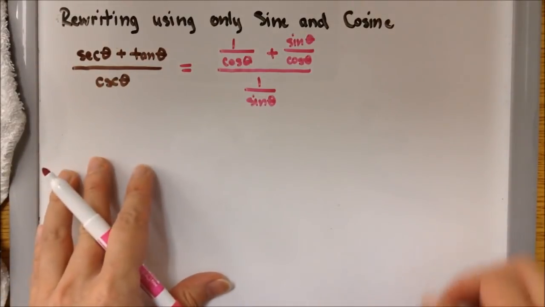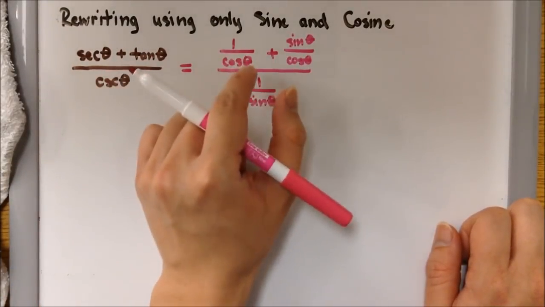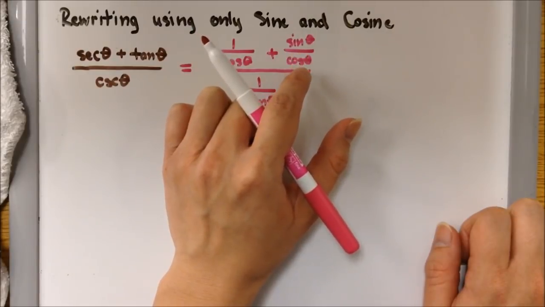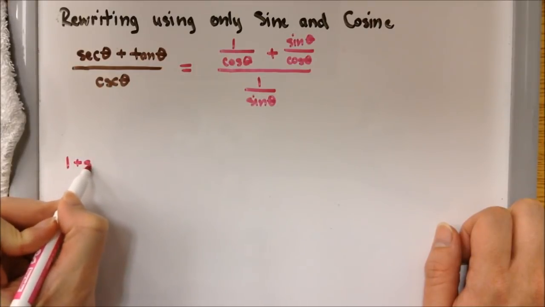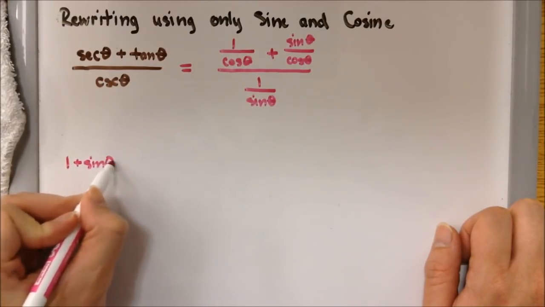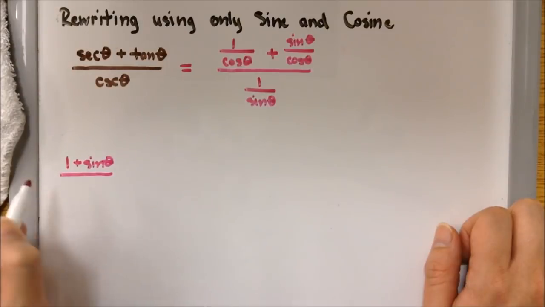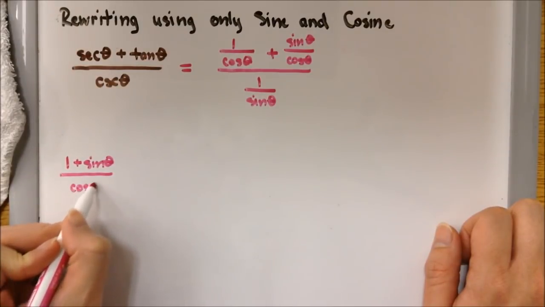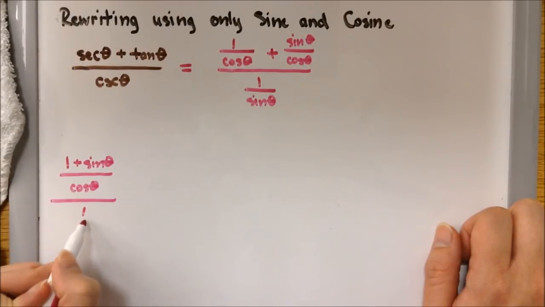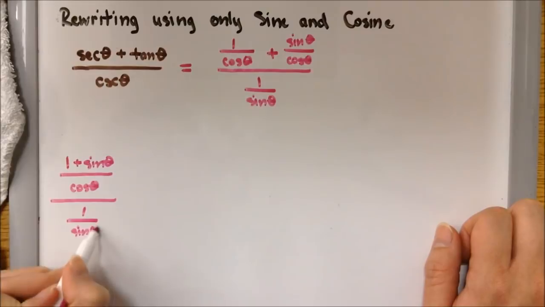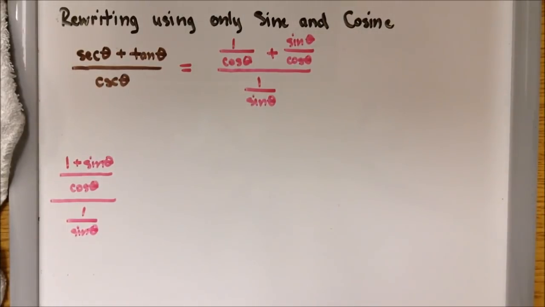So I'm going to write right here, 1 over cosine theta plus sine theta over cosine theta will simply be, add in the numerator, so 1 plus sine theta over cosine theta, over 1 over sine theta. So we have a fraction divided by another fraction.